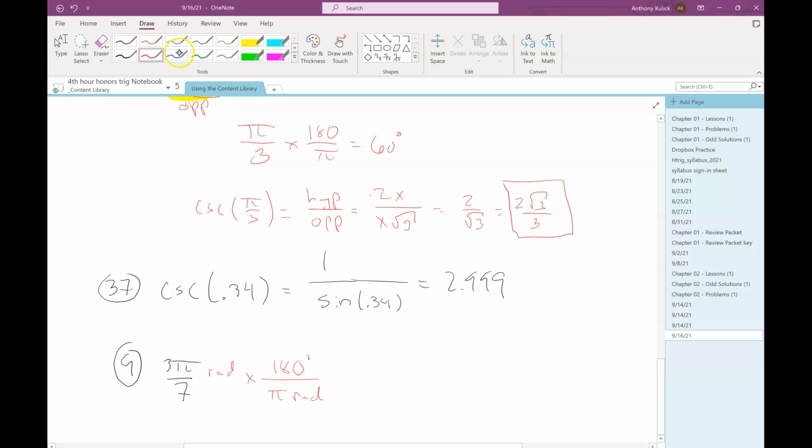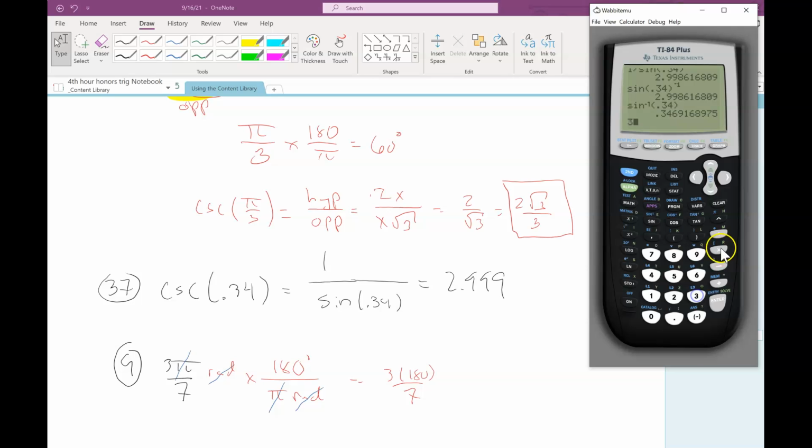So the radians cancel out just like our unit conversion would. And then the pi's will cancel. So really I have 3 times 180 divided by 7. That's not going to give me a whole number, so I'll just type into my calculator to get the decimal.